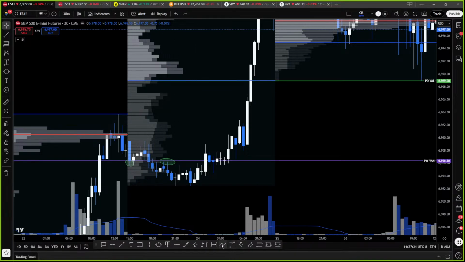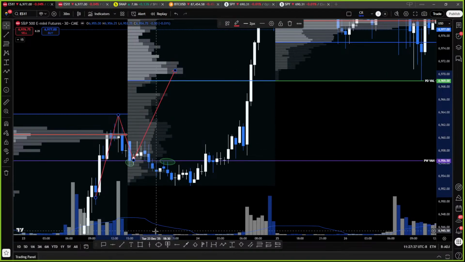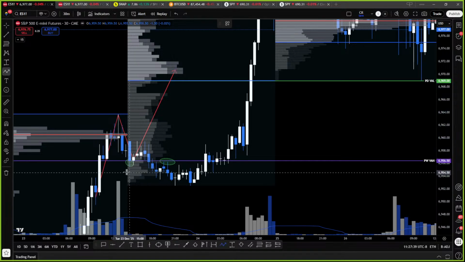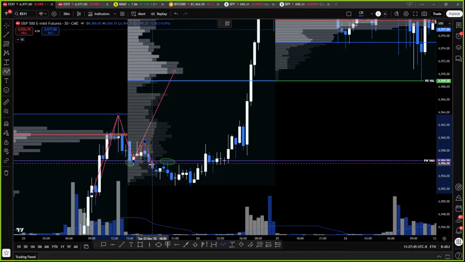Because technically, we break above, we get our 3 5-minute candles, retest. We're looking for a reaction there. But if we break above, get our 3 5-minute candles, retest, get a little bounce, and then we break below, now we have 3 5-minute candles below and we're retesting.